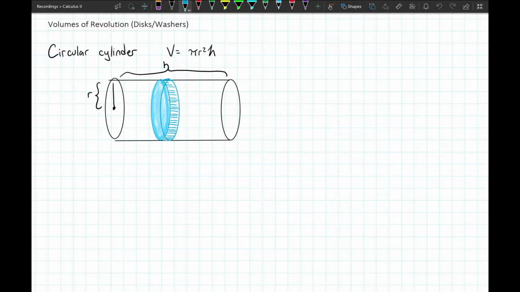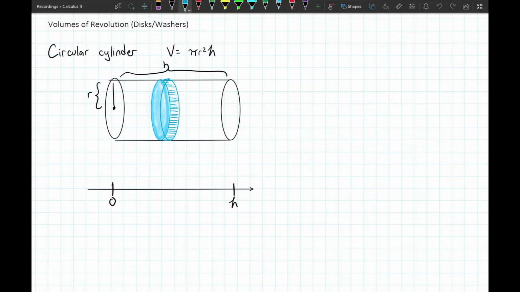Now, if the axis is parallel to the x-axis, then we could think about adding things up from a position x equals 0 to a position x equals h. So along the x-axis, we'll be taking little slices at various different places for x. Now, in this case, every cross-section is the exact same surface area, pi r squared.